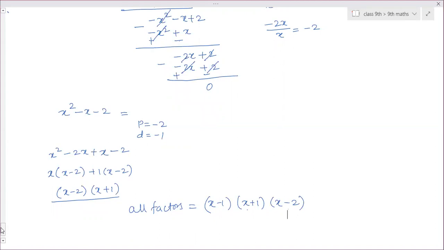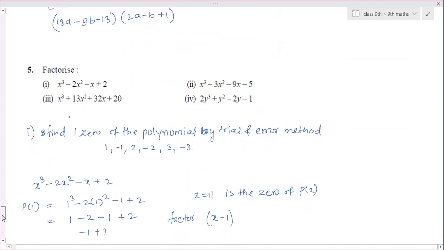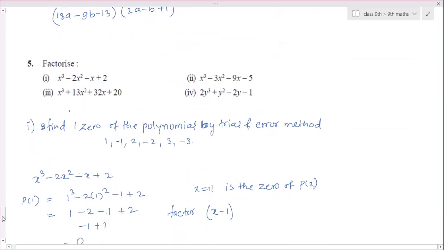Ma'am, what is the second question? x cube minus 3x square minus 9x minus 5. Okay, ma'am.